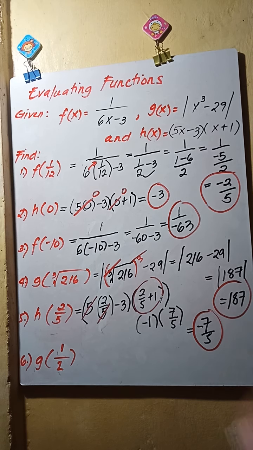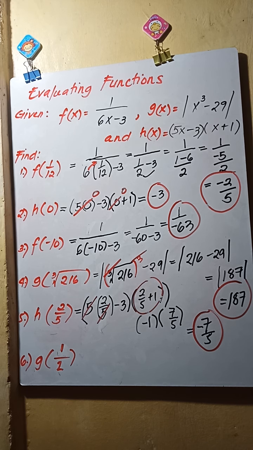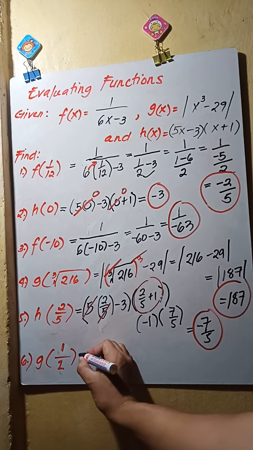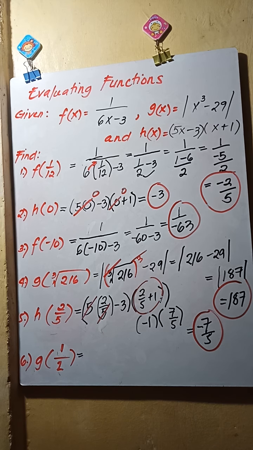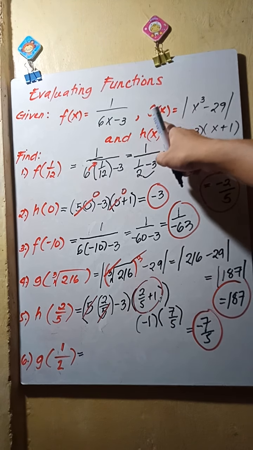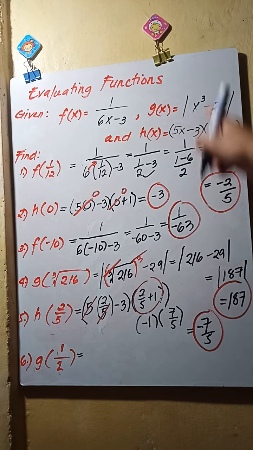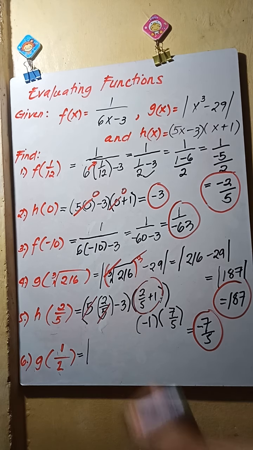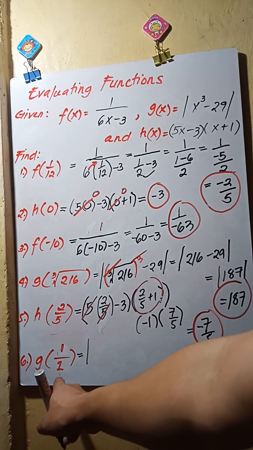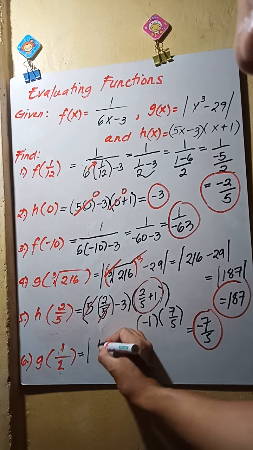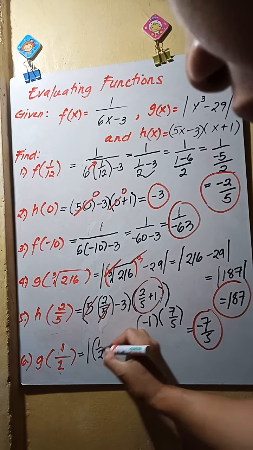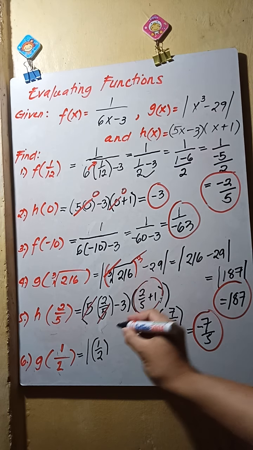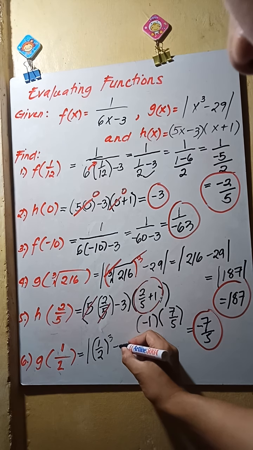Okay? So our last one is G of 1/2. Again, rewrite the equation when x is 1/2. Since G is the function, we focus on G. So write the absolute value. What is your x? That is just 1/2, raised by 3, and then minus 29.